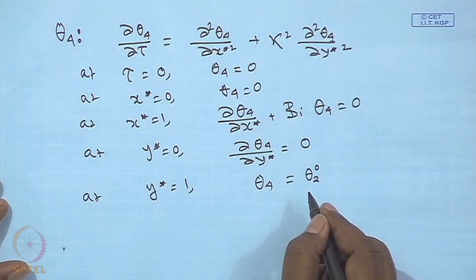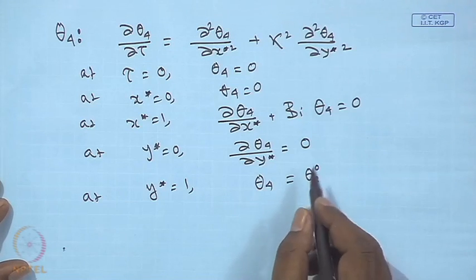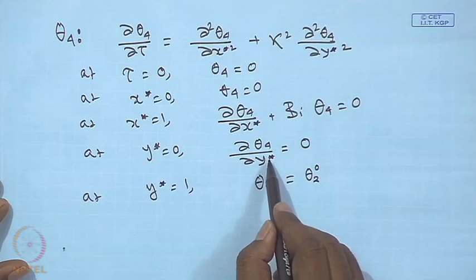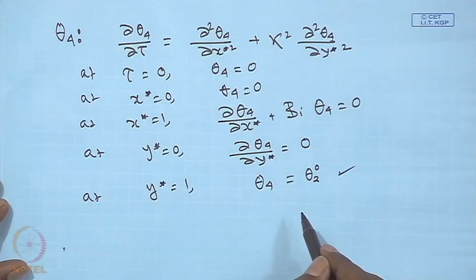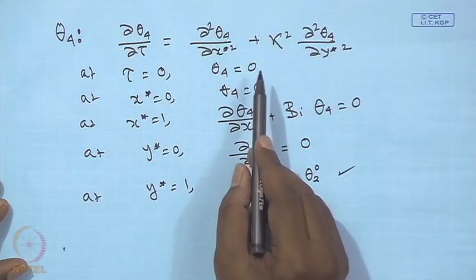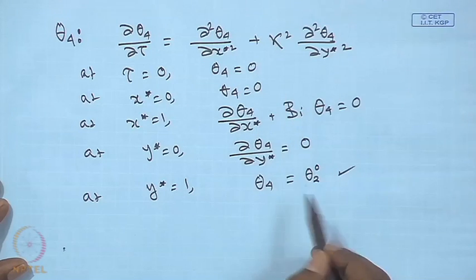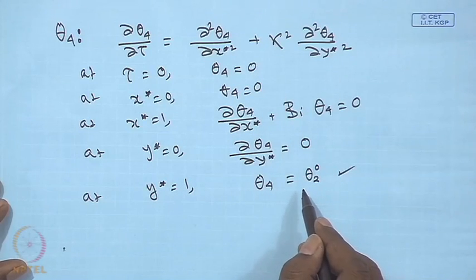So, now in this problem we have forced all the other non-homogeneous terms to vanish and kept the non-homogeneous term at the boundary at y star is equal to 1. Again this problem has a homogeneous initial condition and one non-homogeneous boundary condition. Then again it is an ill posed problem.